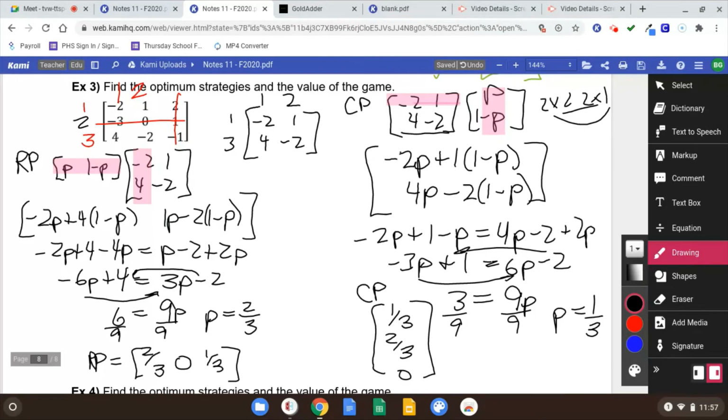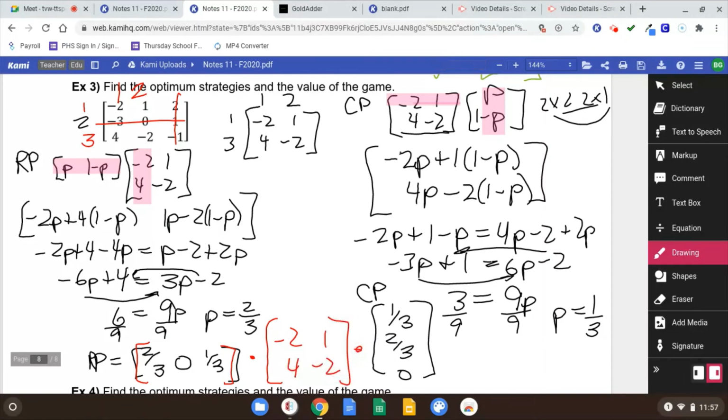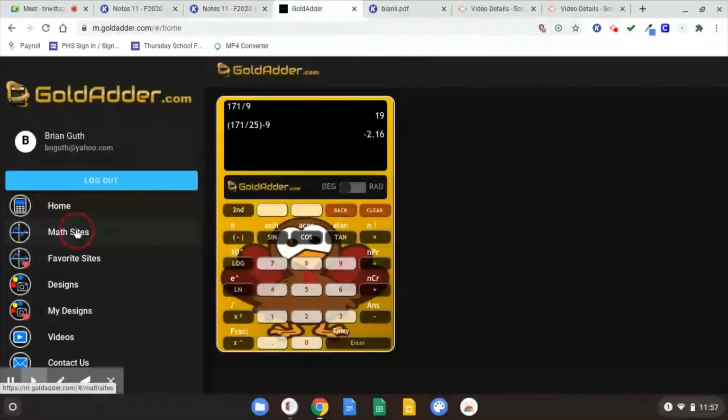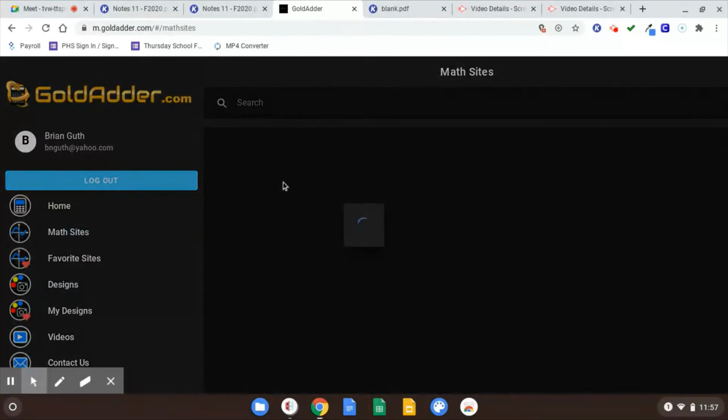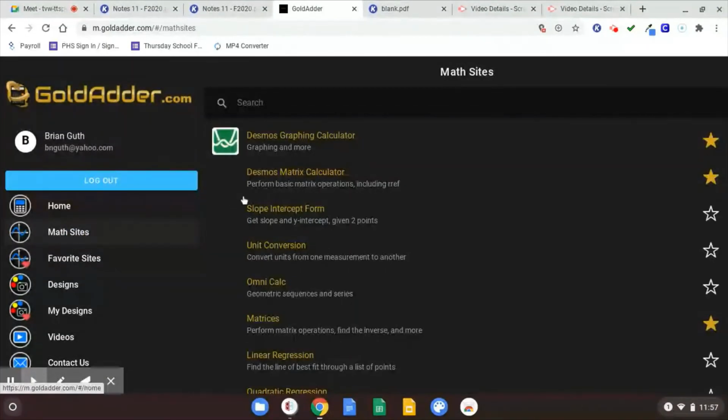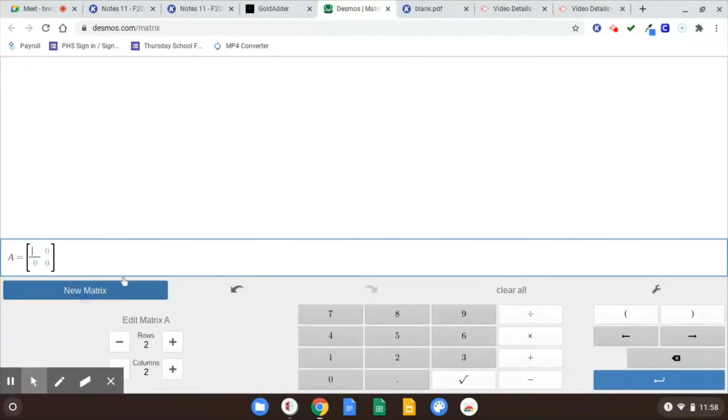Now for the value of the game, remember how you find that. The value of the game, you're going to multiply the row strategy, bless you, times the payoff matrix times the column strategy. So let's see. New matrix.